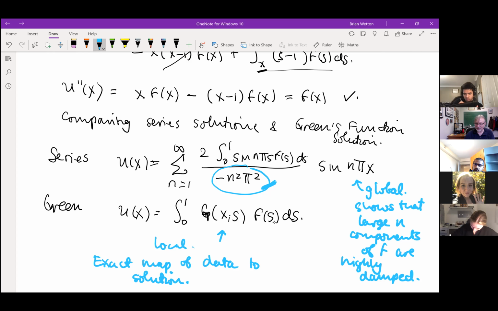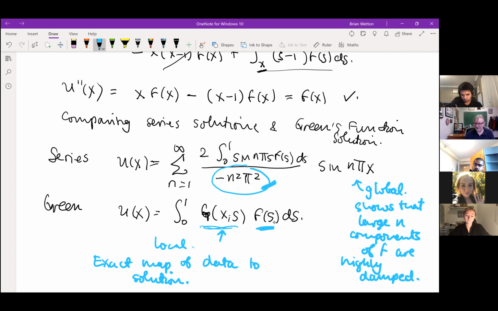You can tell exactly what would happen if you change the data locally at one point, how that's going to affect the solution globally. And so that's pretty good. So there's no winner here, right? There's no one who's clearly better than the other. They are things that give you different types of information about the solution.